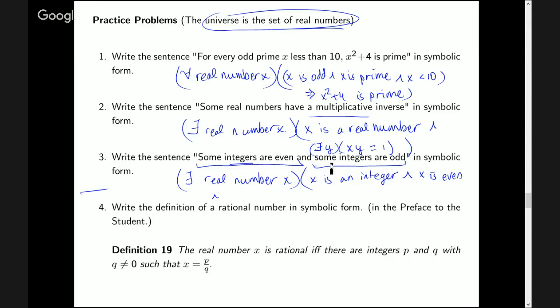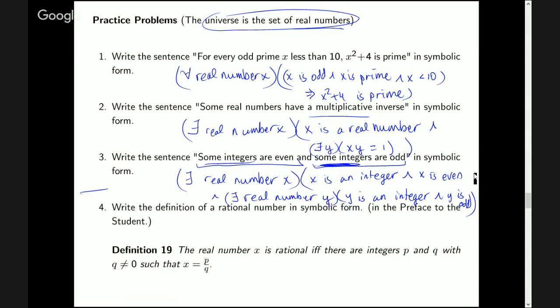It's a different X. It says some integers, you're getting another variable right there. So you had some integers, there's your variable right there, and now you're getting another variable right there. So there exists real number y. Y is an integer, and y is odd.